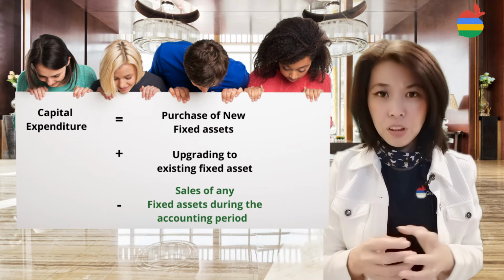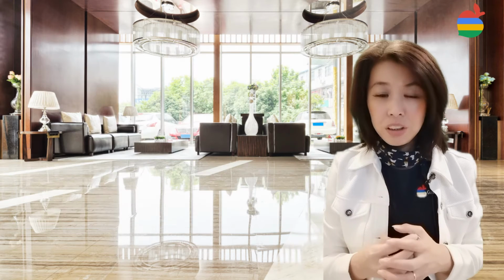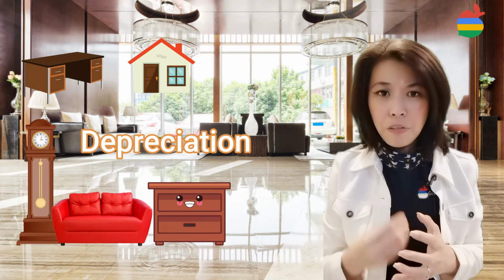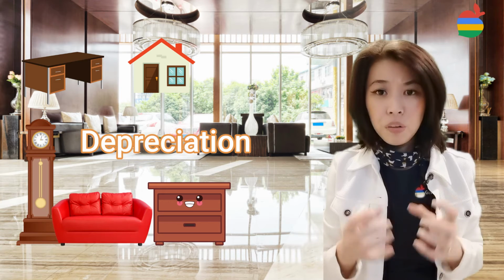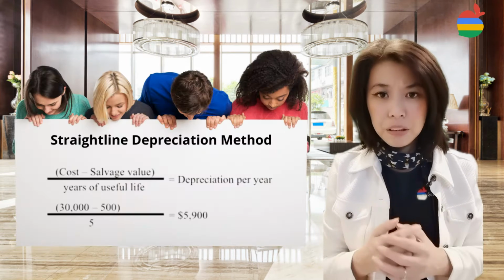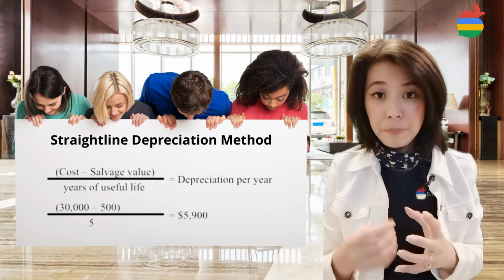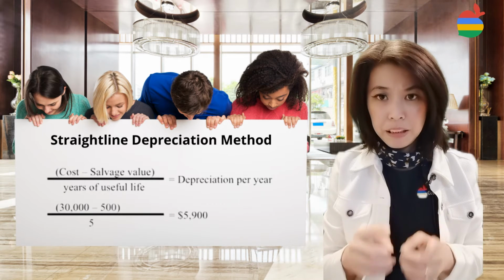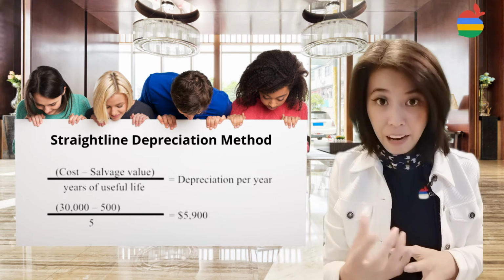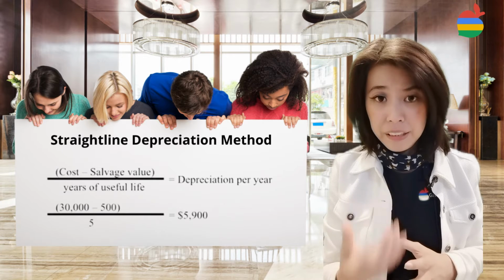It is also helpful to understand how depreciation is calculated. There are several ways that depreciation may be calculated. However, in this video, we will only discuss the straight line depreciation method because this is the simplest method. Annual depreciation is equal to capital expenditures divided by the life of your fixed asset in years.